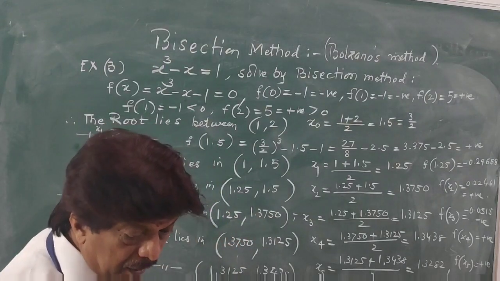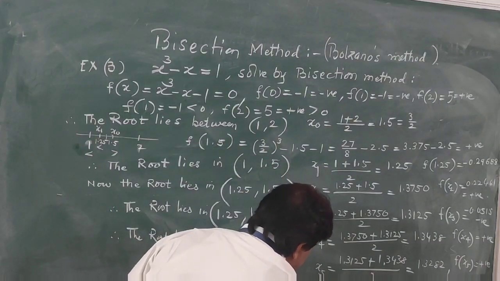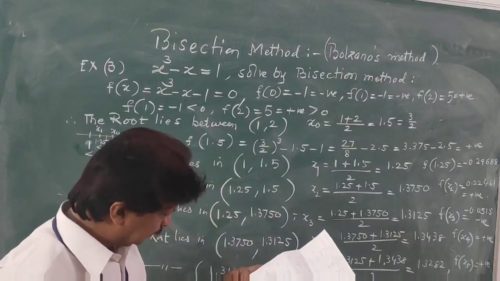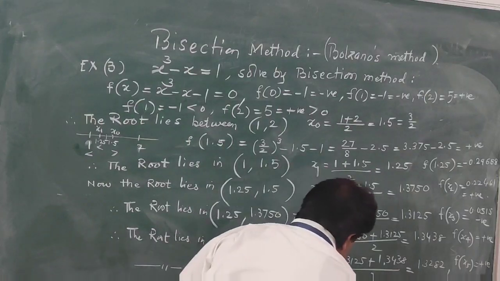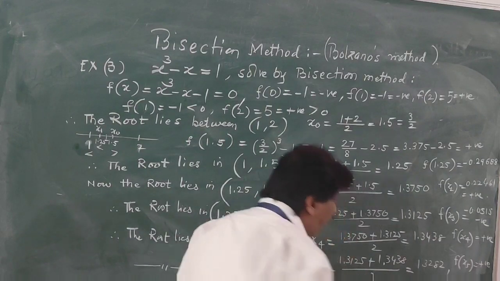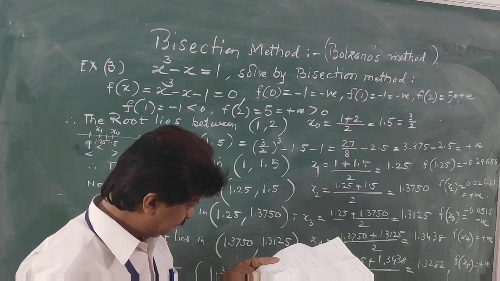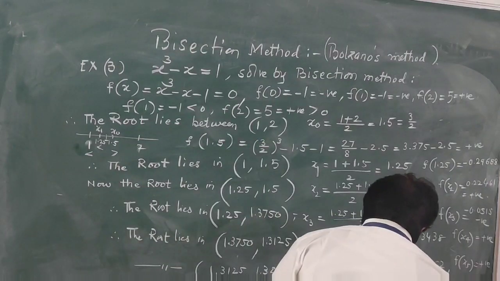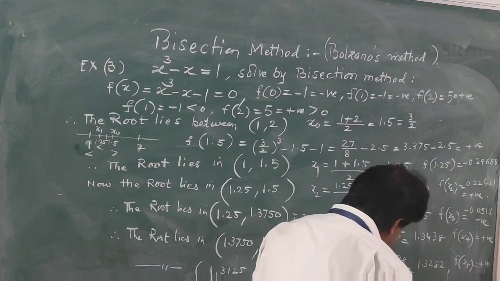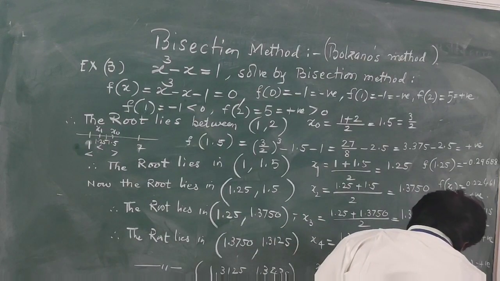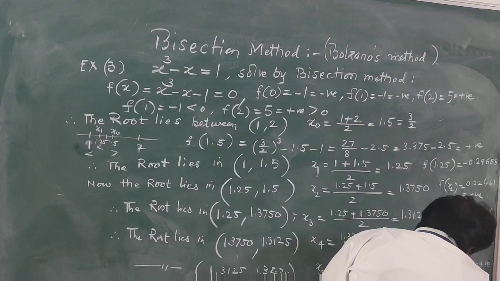We again take the bisection of this interval, the midpoint of this interval, as x6, which comes out as 1.3204. 1.3204, and the f value of this, f of x6, is minus 0.018340.